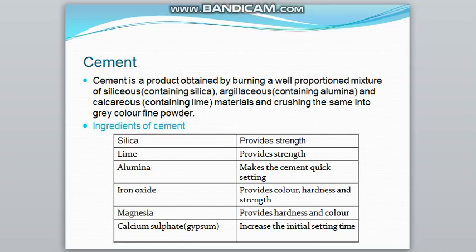The ingredients of cement are silica, which provides strength, and lime, which provides strength, alumina, that makes the cement quick setting, iron oxide, that provides color, hardness, and strength, magnesia, that provides hardness and color, and calcium sulfate, which is called gypsum, increases the initial setting time.